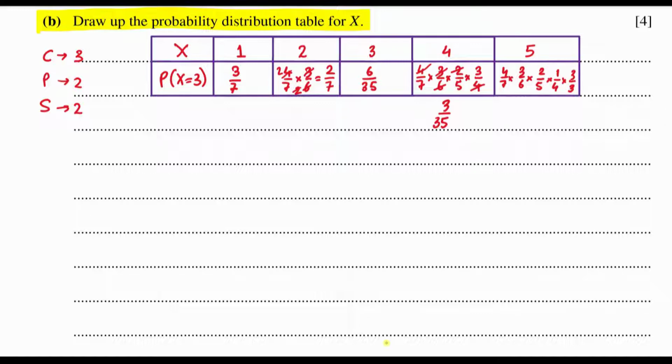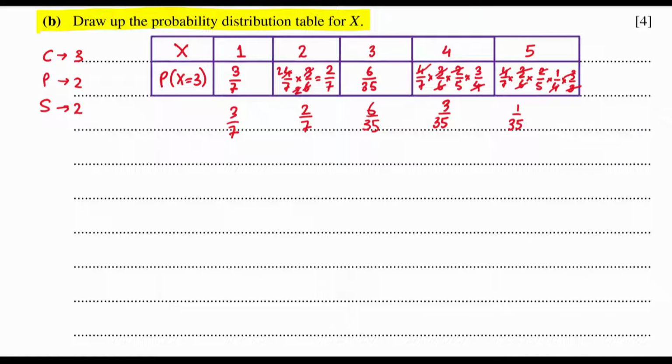3 by 7, it is 2 by 7, and it is 6 over 35, and this we can cancel: these two with 6, 4 cancel, 3 cancel, so it is going to be 1 over 35. Either we can write our answer like this, or we can make the same denominator, let's say 35.